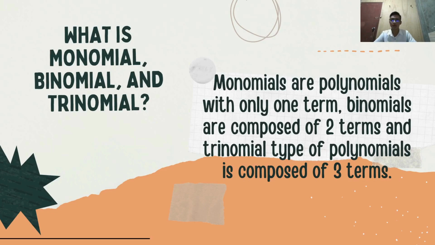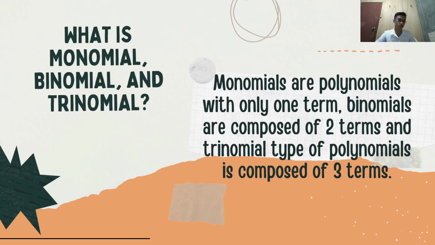Now, what is a monomial, binomial, and trinomial? Before we proceed to adding and subtracting polynomials, we have to define what a monomial, binomial, and trinomial are in simple terms. Monomials are polynomials with only one term, from the word mono, which means one.